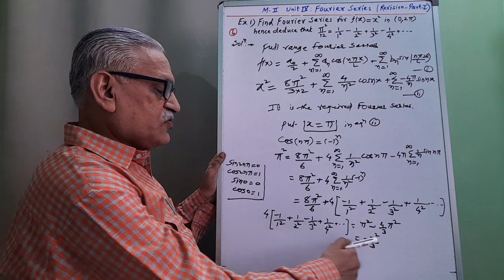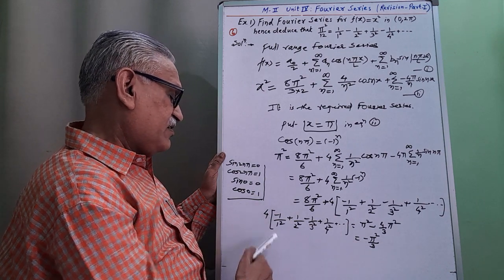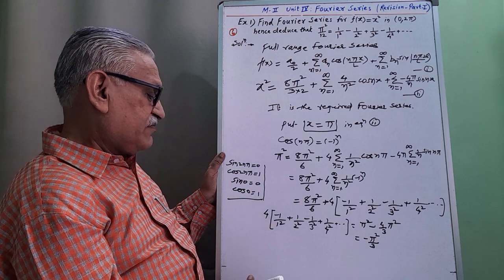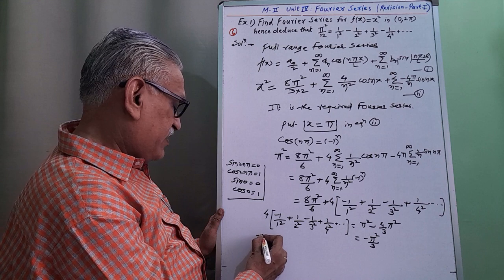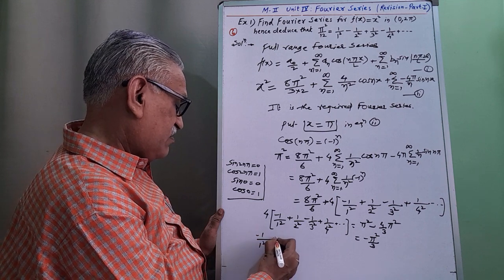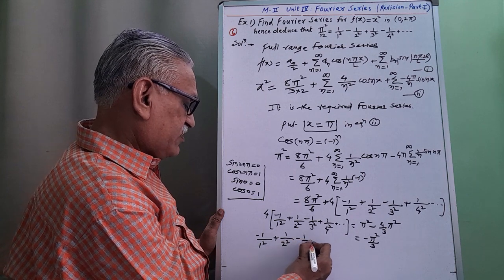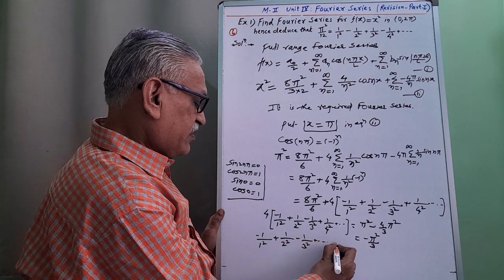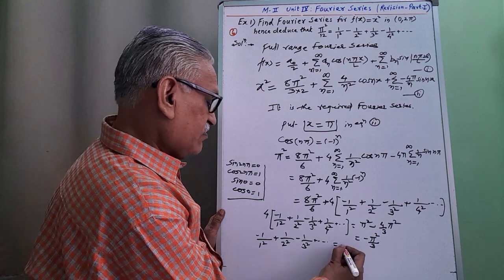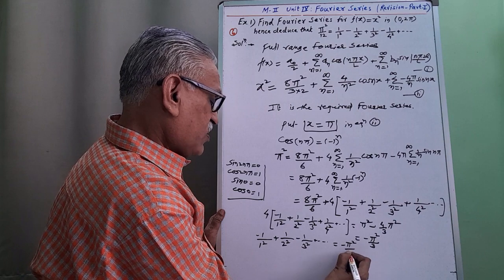Therefore, transferring this to the right hand side, we get, therefore, minus 1 by 1 square plus 1 by 2 square minus 1 by 3 square, and so on, that is equal to minus pi square by 12.